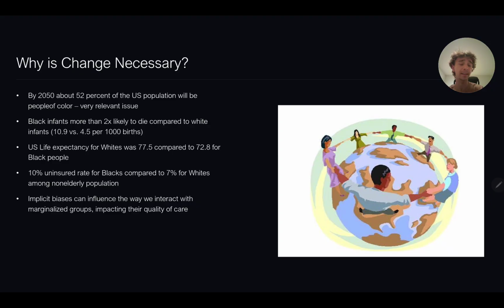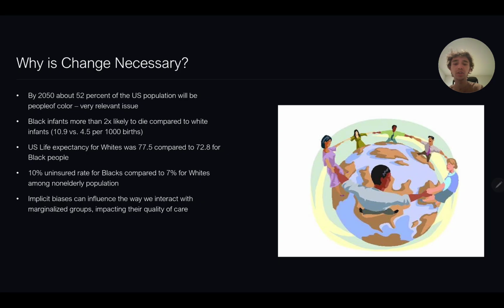And this is also in part related to the uninsured rates, because the uninsured rate for Black people is about 10% compared to 7% for whites, among the non-elderly population that's not covered by Medicare. So while 3% may not sound like much, it is a huge difference and a huge number of our population.